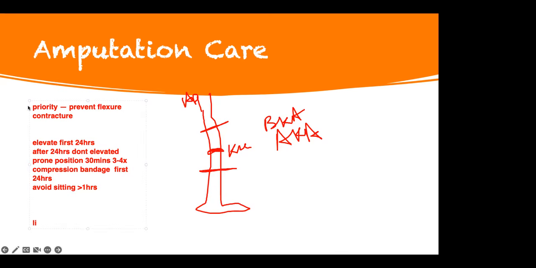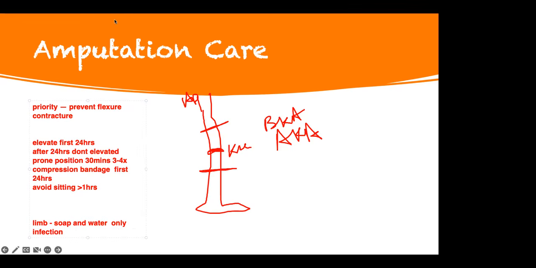The limb needs to be clean, okay? Just soap and water is fine. Soap and water only. Don't use any special cream or anything, and then you dry it. No alcohol, no powder, nothing. Soap, water, that's all. You have to check for infection.